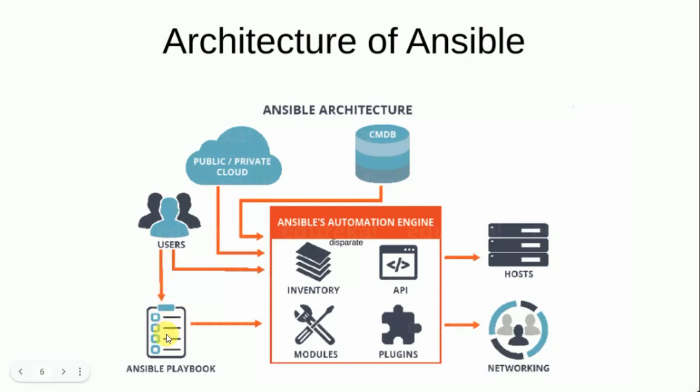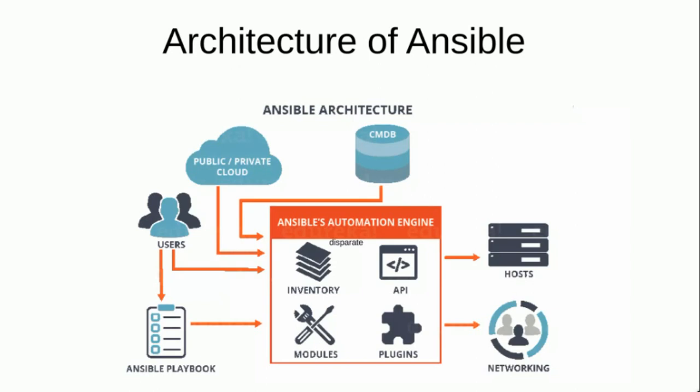Using that Ansible playbook with public or private cloud or a CMDB, which you can compare to any inventory where we can have the total list of machines. Using Ansible automation, we can have an inventory file where the total number of machines is set up, like Windows machines, Linux machines, DB servers or LAMP stack or anywhere.